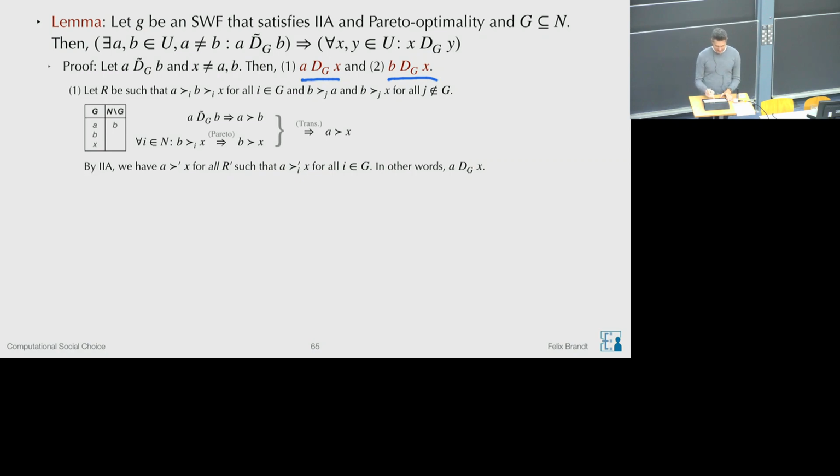Then we get this consequence that A has to be preferred to X, and then we can just remove B from consideration again and look at the original preference profile, because only the ranking of these two alternatives matters.